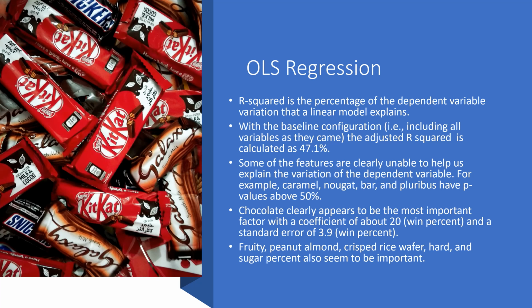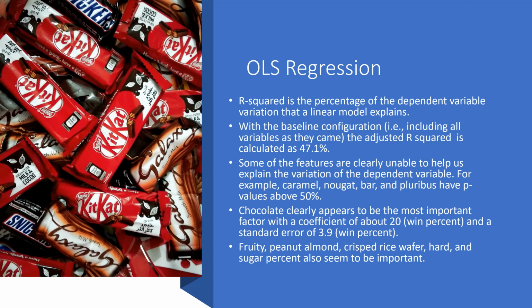Just to review, ordinary least squares regression helps us look at a dependent variable and see its variation relative to the linear model. In fact, R squared is that percentage.